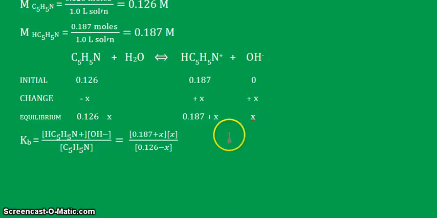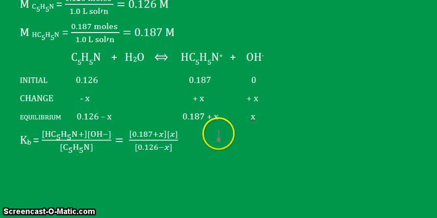Now another interesting thing you need to always remember in solving buffer problems is that usually the x, or the change, is negligible in terms of its value. So that simplifies the whole calculation, because otherwise, if it were a higher value, it would transform the whole equation into a quadratic equation, which would take a longer time, if not a very hard time, for us to solve the problem.